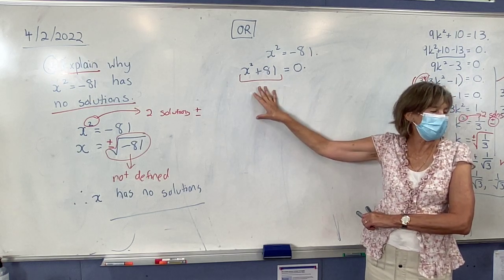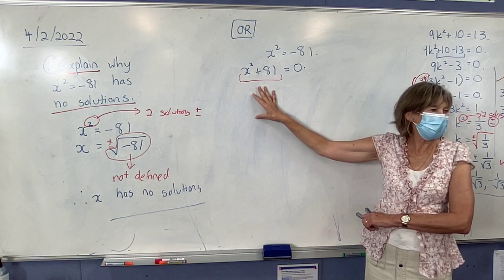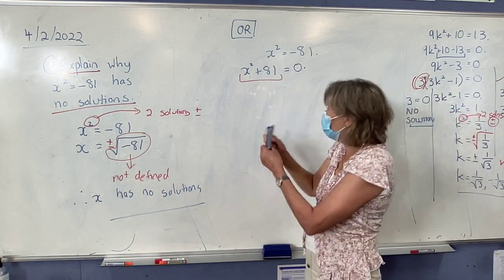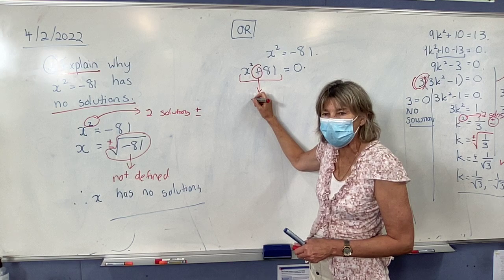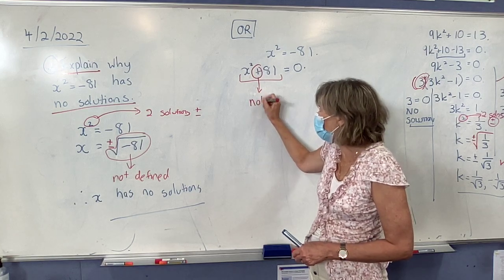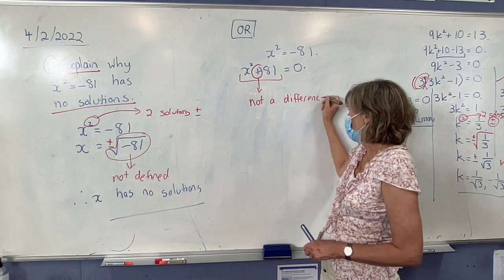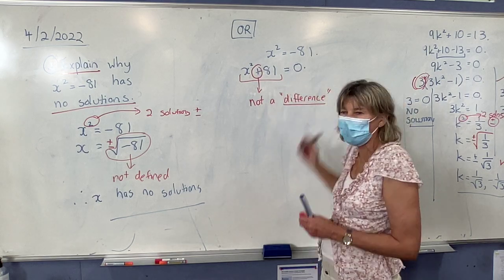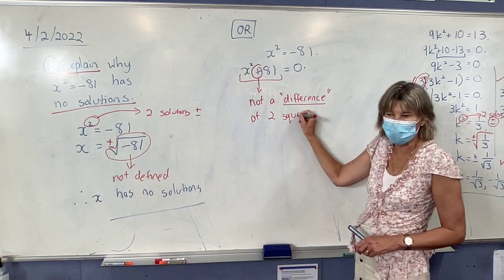Now what's the problem? What's wrong with it? It's a plus, okay? So here's your problem, right? It's not a difference, is it? So it's not a difference. There's your main thing. It's not a difference of 2 squares. So it can't be factorised.